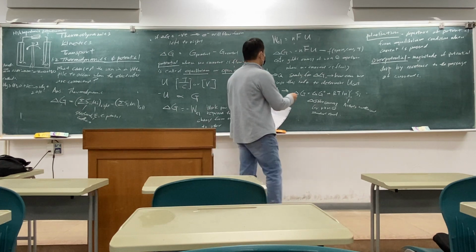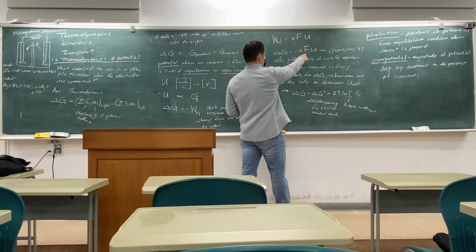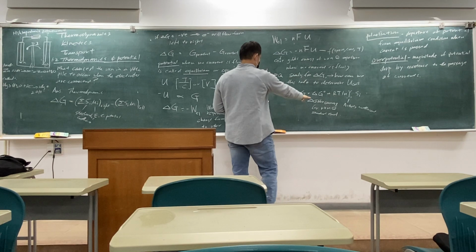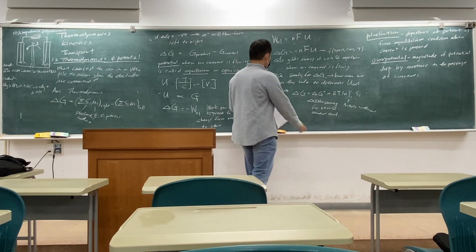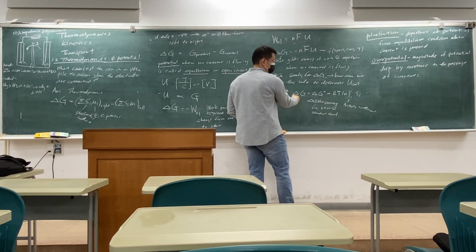So if you combine it with the equation over here, we just said delta G is minus NFU on the left hand side.